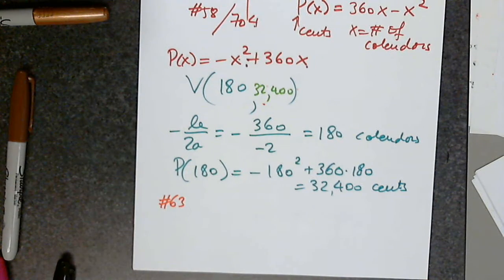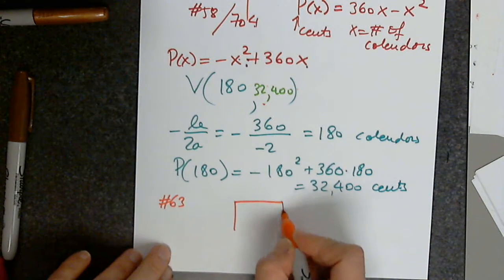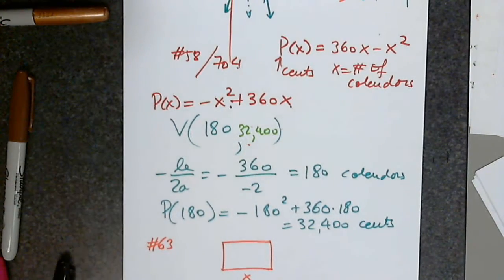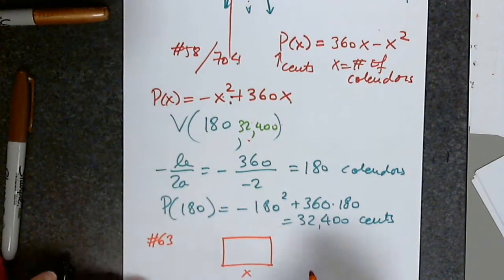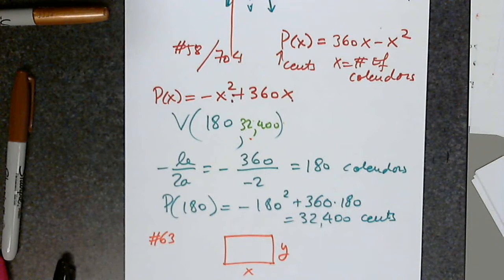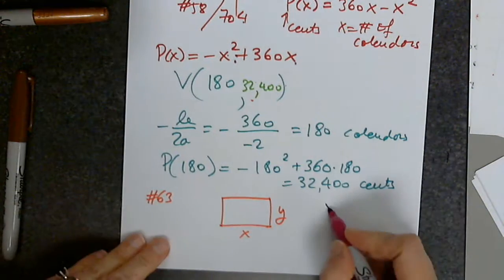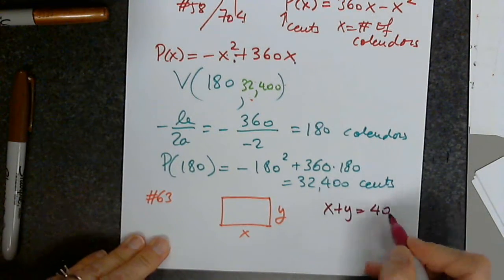Same page. The length and the width of a rectangle must have a sum of 40. What should I write? X plus y equals 40.